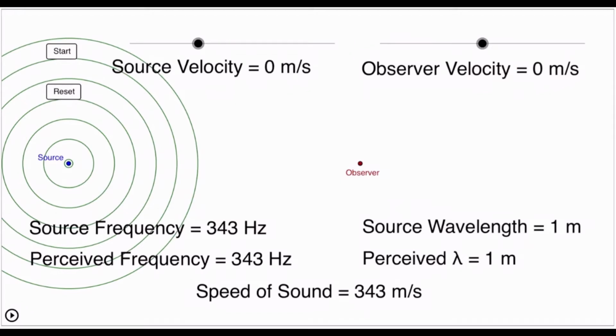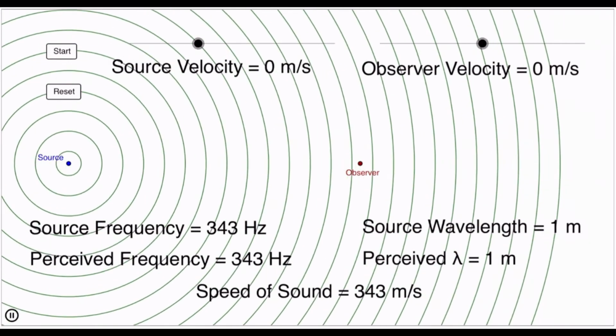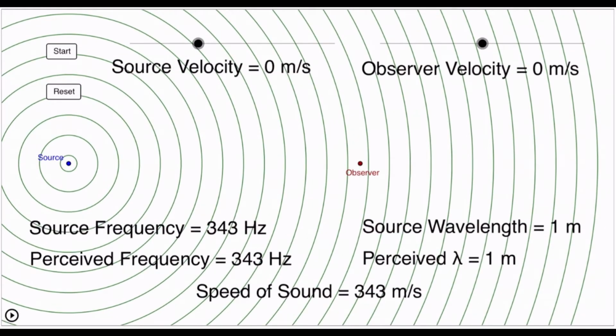Since the source is not moving and the frequency of the waves that the source is emitting is constant, if we press resume, there we go, you can see that the distance between the crests, which of course we call the wavelength, is constant the whole way through.